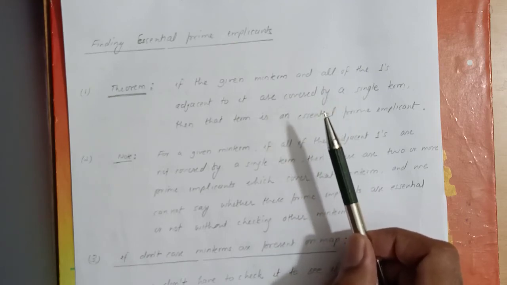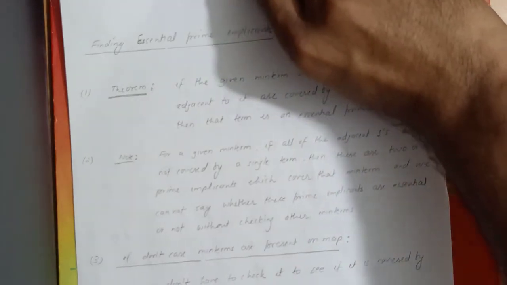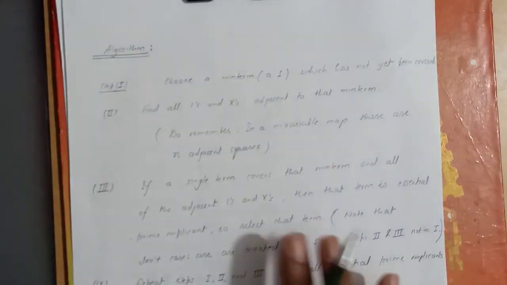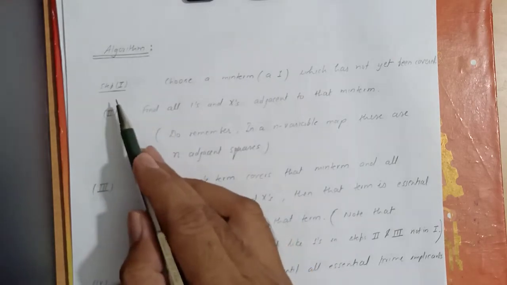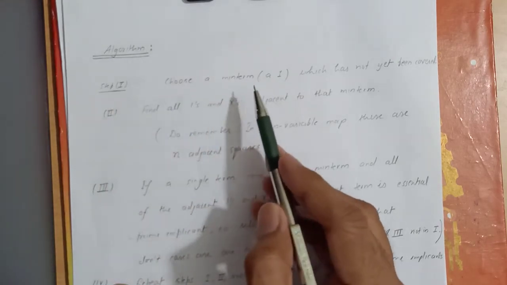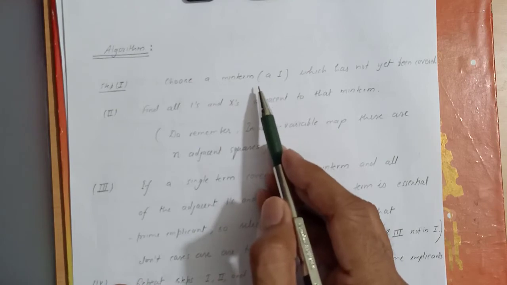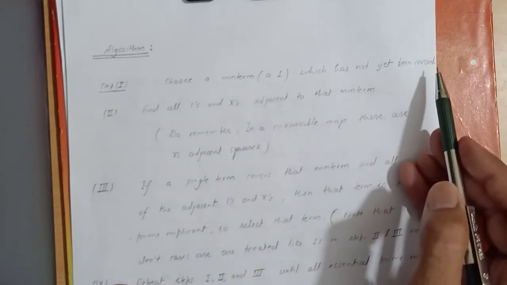To find the essential prime implicants, firstly I will write the pseudocode or algorithm for that procedure, and then we will do a few questions. This is the standard procedure. In step 1, we will choose any minterm which has not been covered yet.